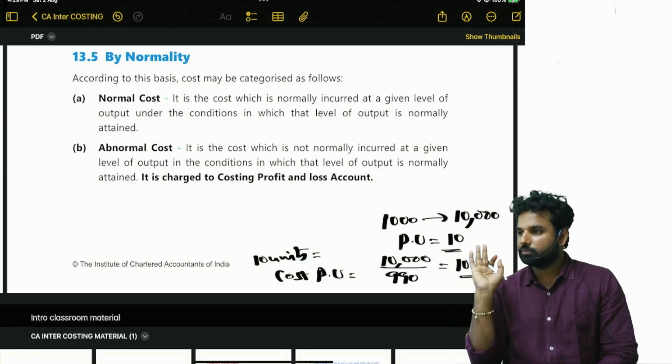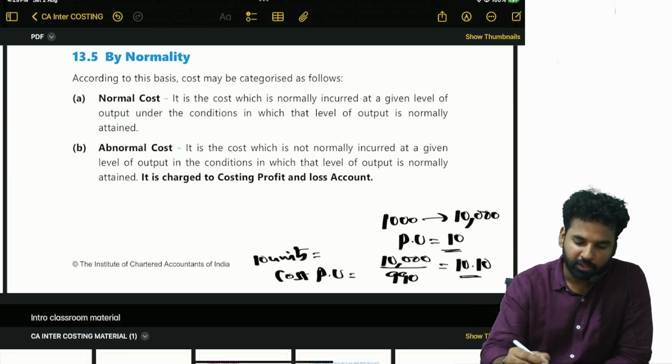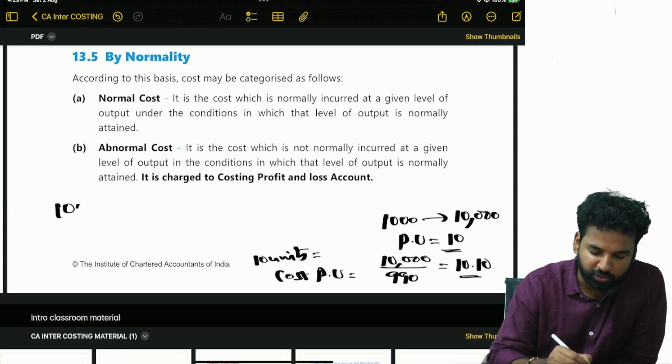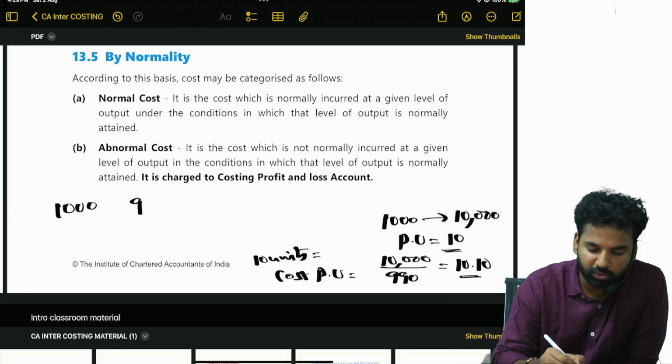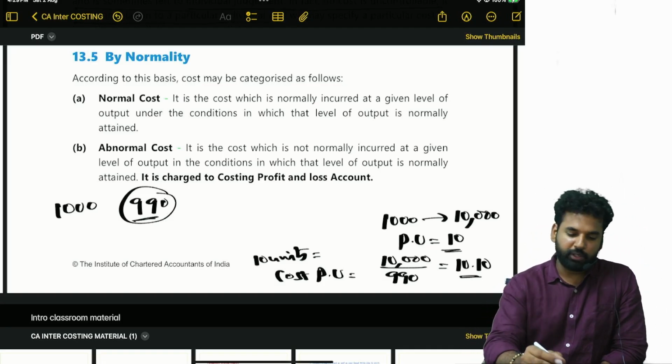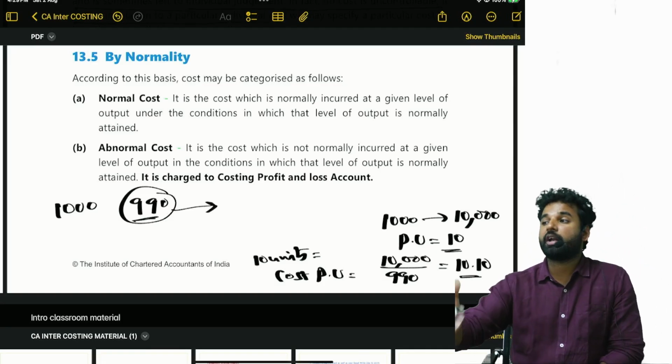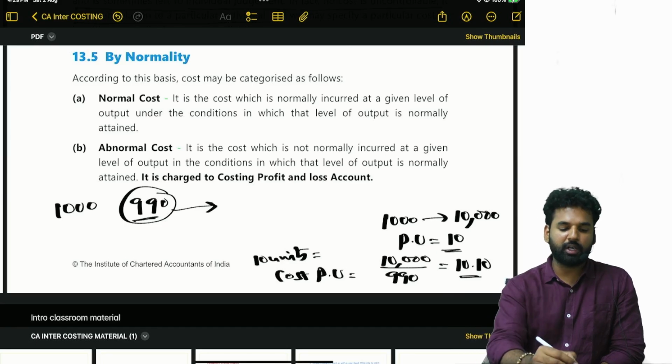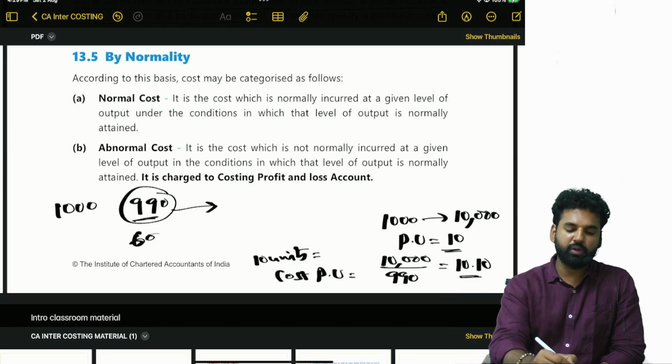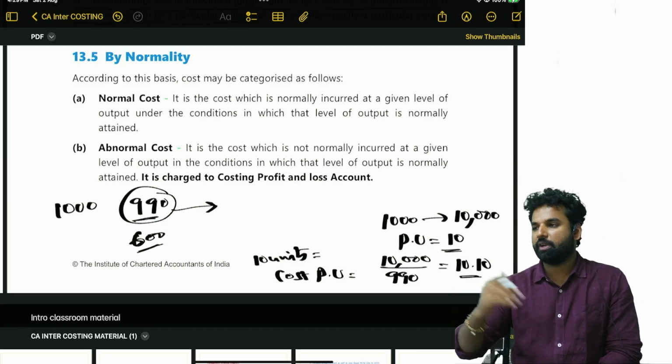This is normal. Now, let's say you are transporting these 1000 units. You lost 10 units, so 990 units are saved. Now this is an overload on the truck. Actually, the truck capacity is 600 units only, but 990 units are being kept.